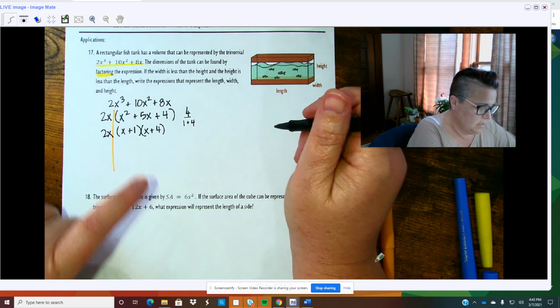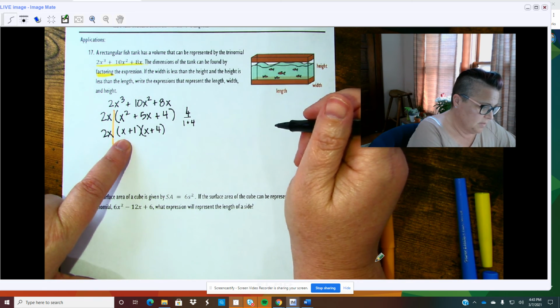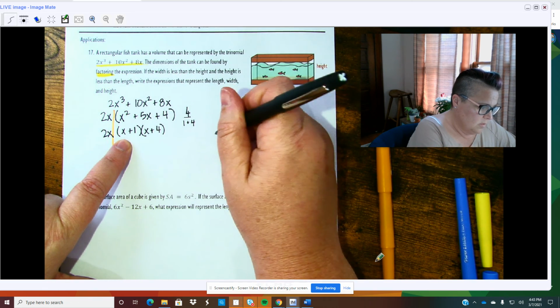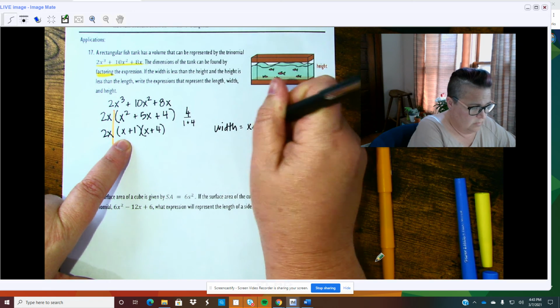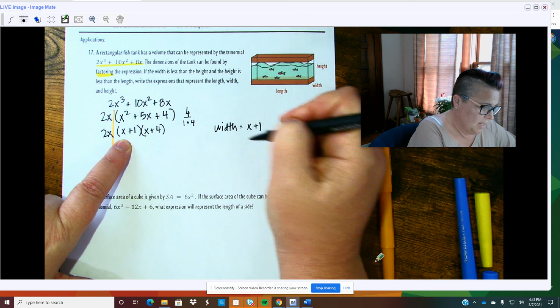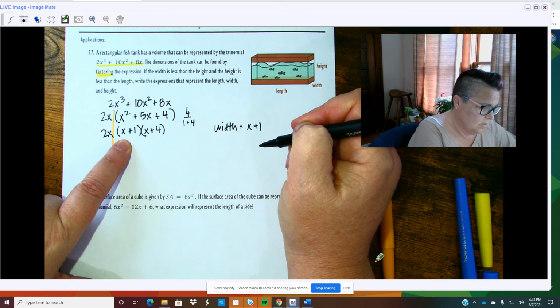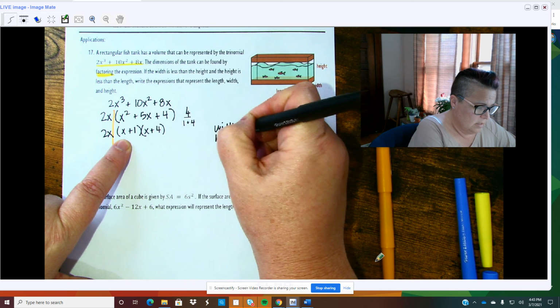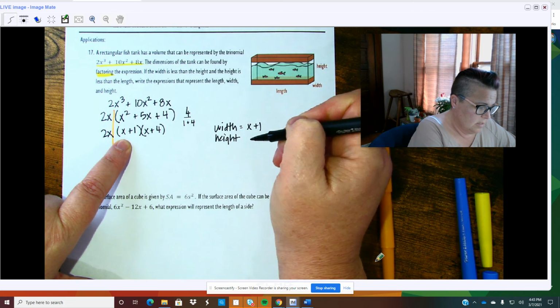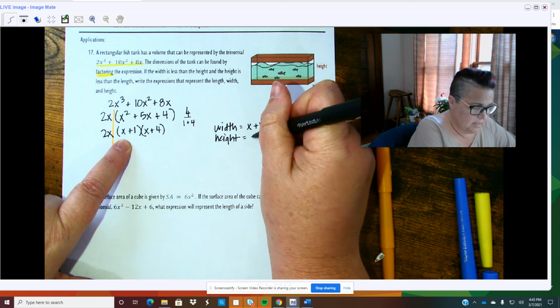I think probably the x plus 1. So I'm going to do width is equal to x plus 1. The height is less than the length. I'm going to say the height is x plus 4.